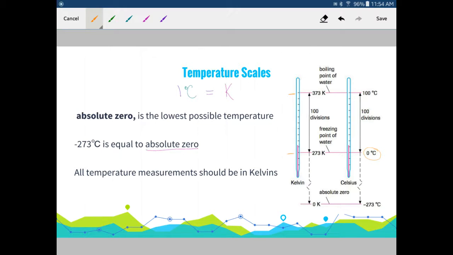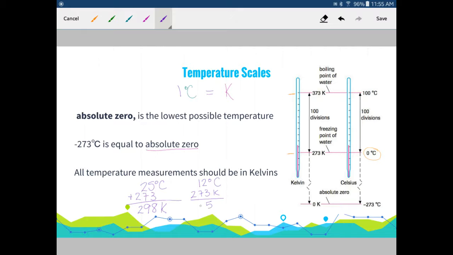So in order to do that, if you have any sort of temperature in degrees Celsius, let's go with 25 degrees Celsius. If we add 273 kelvins, that's just the difference in our scales. If we add the difference, that equals 298 kelvins. All right, if I have 12 degrees Celsius, I add 273 kelvins.